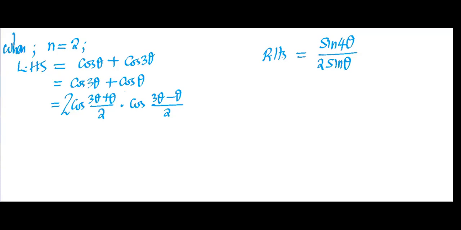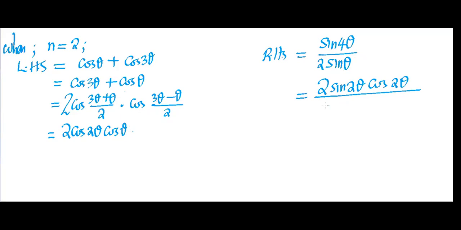So that one becomes, if you're careful, 4 theta over 2, which will be 2 theta, then 2 theta over 2, which will be just theta. Then this side I have sine 4 theta. Apply the double formulae, that will be 2 sine 2 theta cos 2 theta over 2 sine theta. Apply the double formulae for sine 2 theta again.